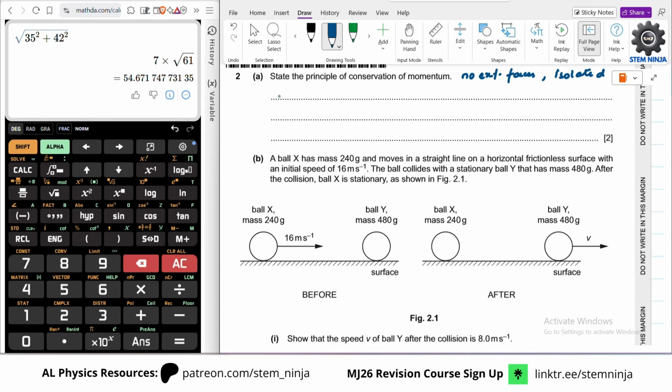Okay, so principle of conservation of momentum states that total momentum of an isolated system of interacting bodies or objects remains constant.